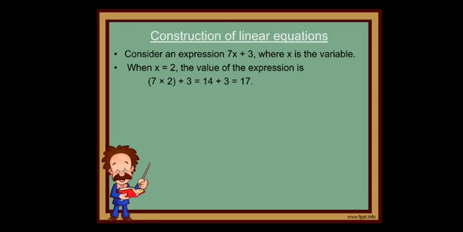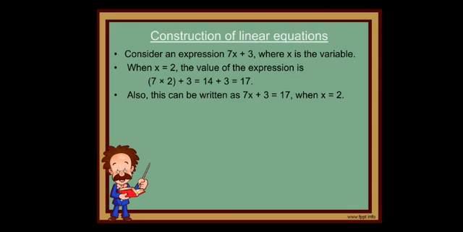So when x is equal to 2, the value of the expression 7x plus 3 is 17. So this can also be written as 7x plus 3 is equal to 17 when x is equal to 2.